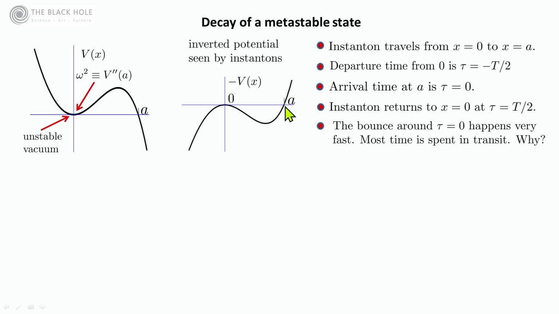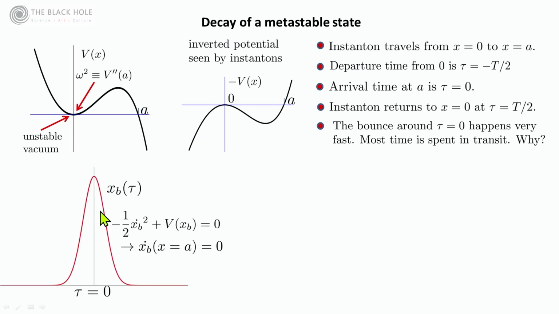Now, this is going to be very important because we're going to make the dilute instanton approximation, and we're going to allow the instantons to arrive here at time tau equal to 0. But where is the 0 to be located? It can be located anywhere. That's because of time translational invariance. And so when we come to summing over all different instantons, we will be using time translation invariance once again.